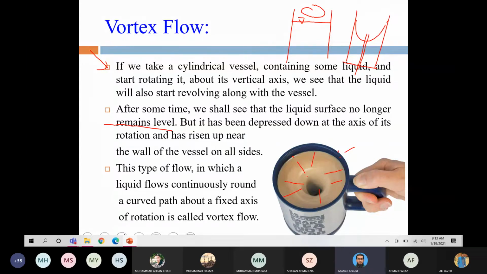So this type of flow, in which a liquid flows continuously round a curved path about a fixed axis of rotation, is called the vortex flow. I hope the basic understanding is clear to you.